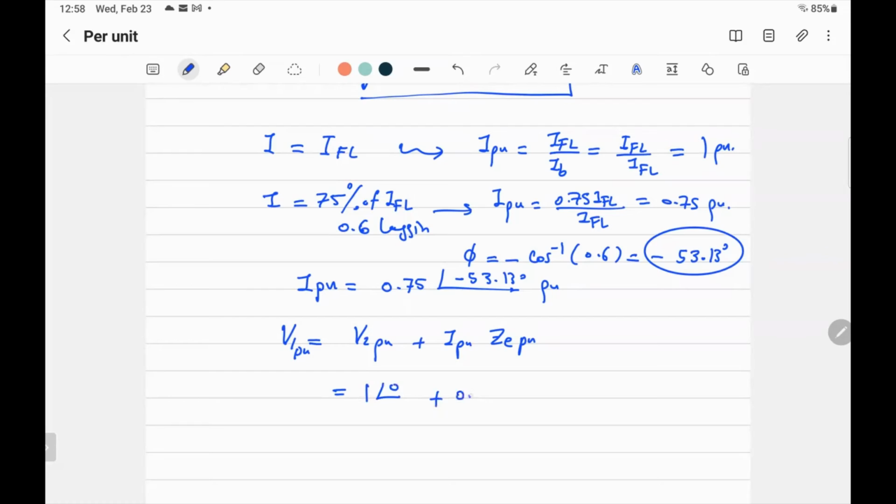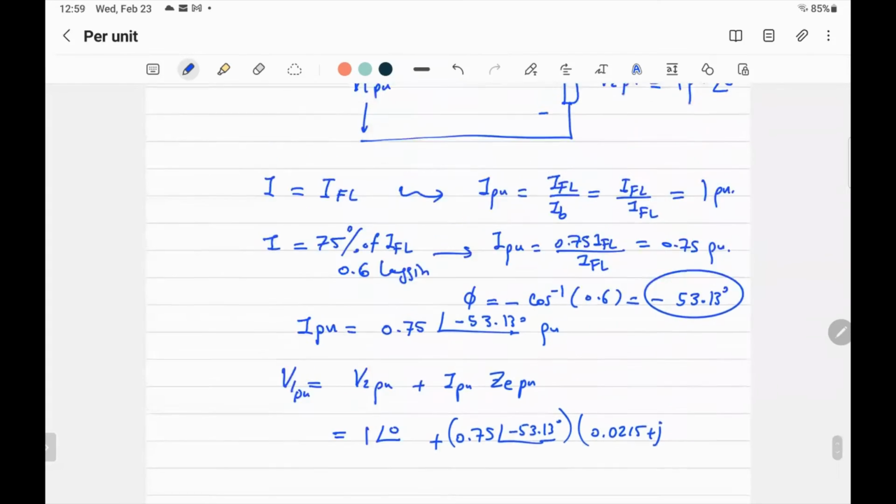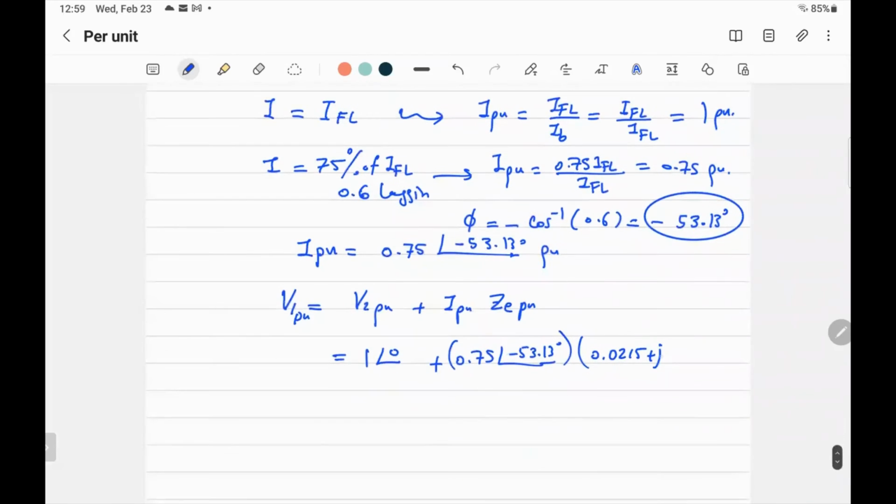The current is 0.75 at angle negative 53.13 degrees, multiplied by Z equivalent, which is 0.0215 plus j0.0647. You solve this equation and you find V1 per unit equals 1.0486 at angle 9 degrees per unit. So that's V1 per unit.